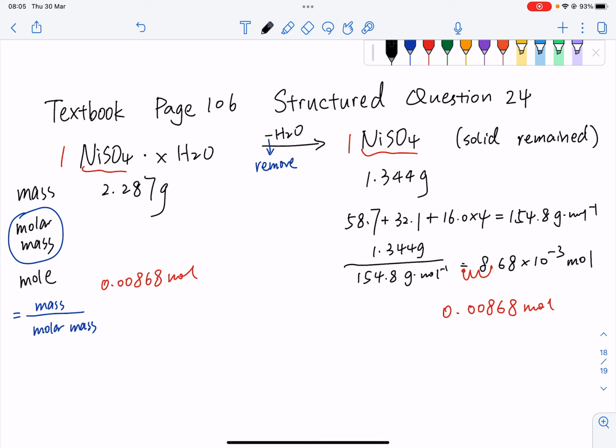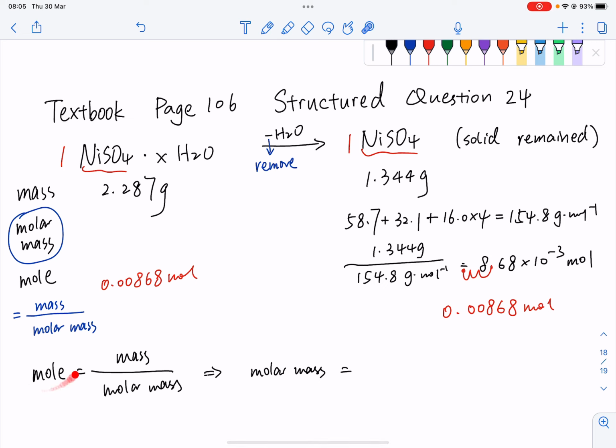So let's deduce one formula if you forgot how to get it. Mole equals mass over molar mass. Now the right hand side is divide, so if we want to move it to the left, it will be times. Let's move the molar mass here. Then the left hand side is times 1, and if we move it to the right, it will be divide. So mole and molar mass simply switch position.